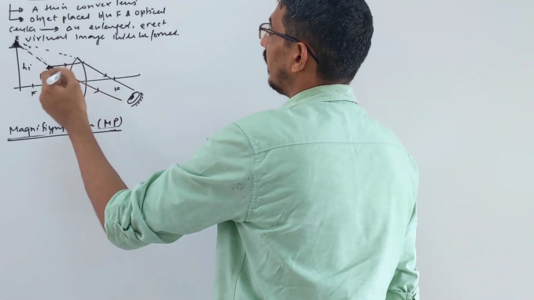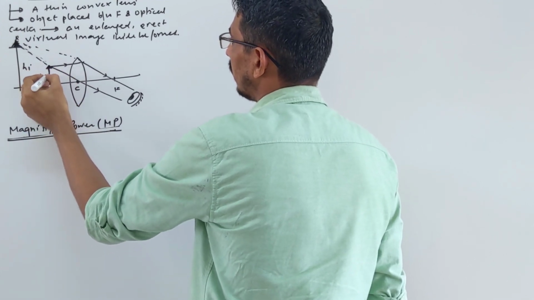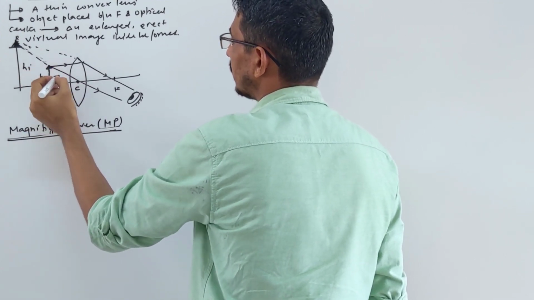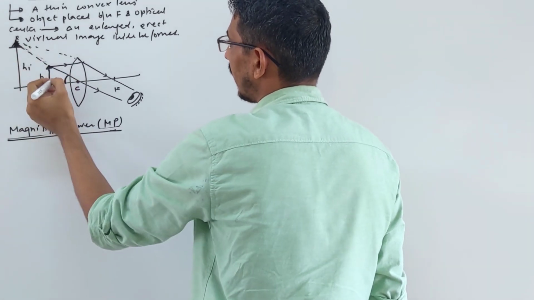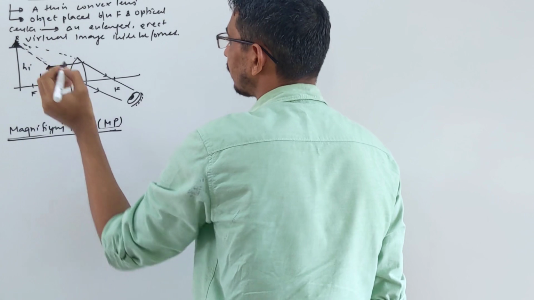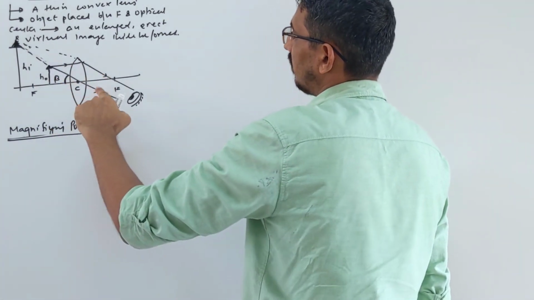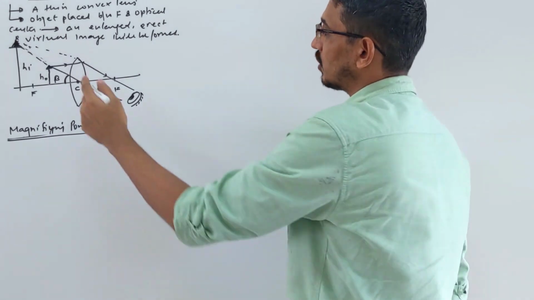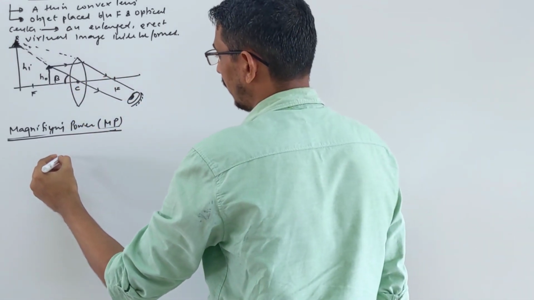Look here how they define it. This is your object, and the image makes an angle, say beta. This is called the angle made with the instrument, let's call it beta. And suppose without the instrument you are watching an object, how will it look? I am drawing it here.